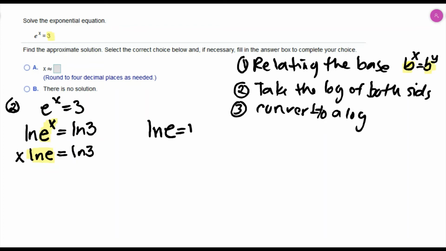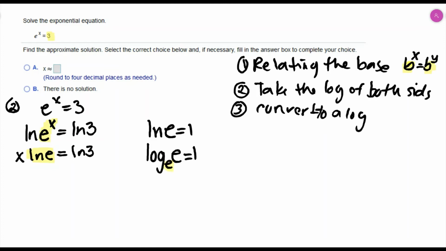Let's talk about that for a second, how we know that. Natural log e is the same thing as log base e of e. And when the base of the log and what you're taking the log of are the same, that's equal to 1. If I rewrite this, it might make a little bit more sense.